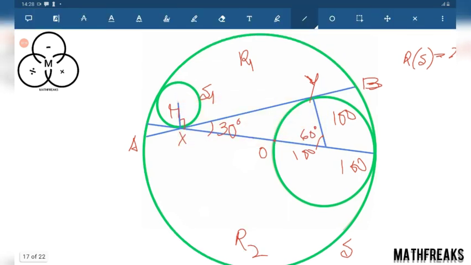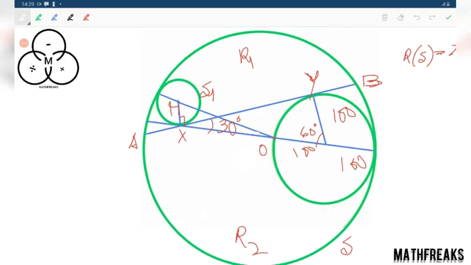Let us officially join them. If we extend this to this part, this will be small r, this will be small r, then this part is what? This is radius of the larger circle, 200 minus r.